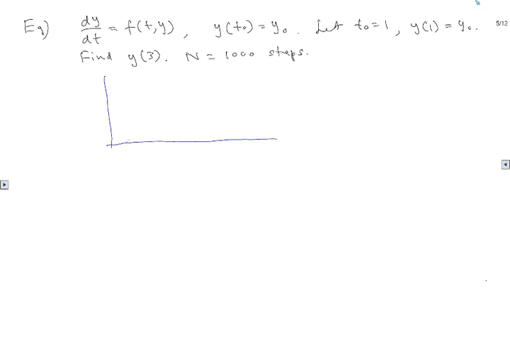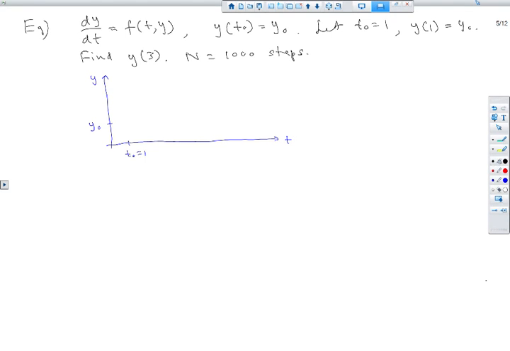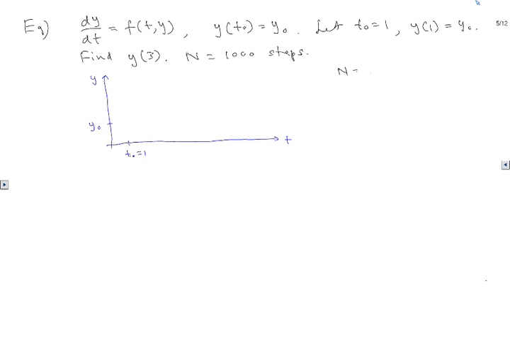We know the starting value t naught, which is equal to 1, and y naught, you know that also. So this is y and this is t. We're going to go with equal gaps, and we know that n equals 1000, so let's do the calculation now.